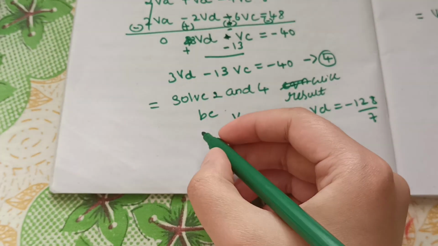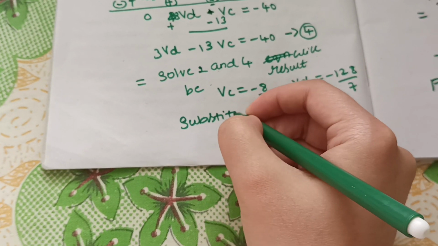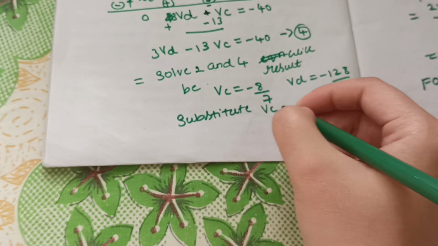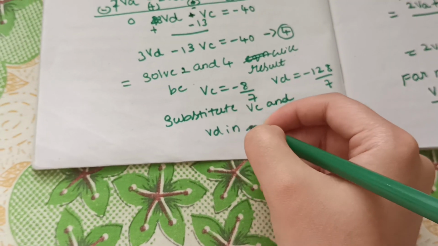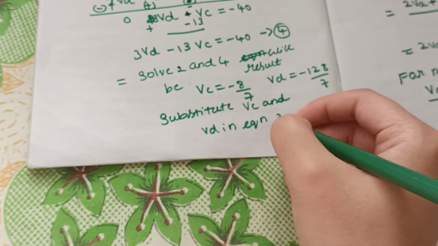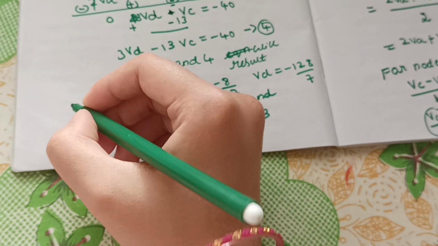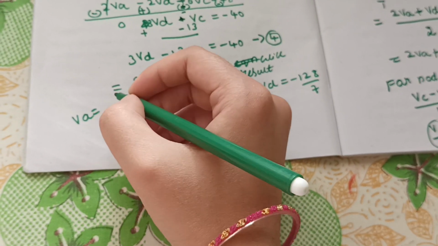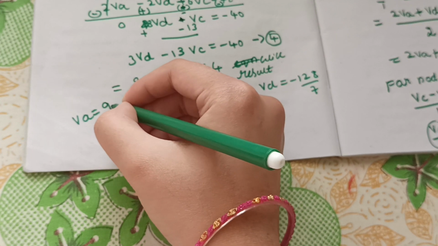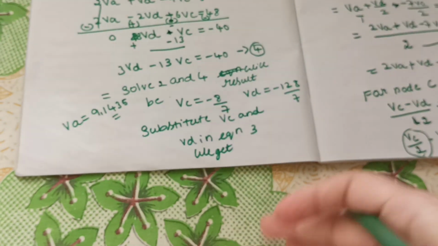Fine, so let me substitute VC and VD in equation number 3. We get VA by directly substituting VC and VD, so VA is equal to 9.1435.